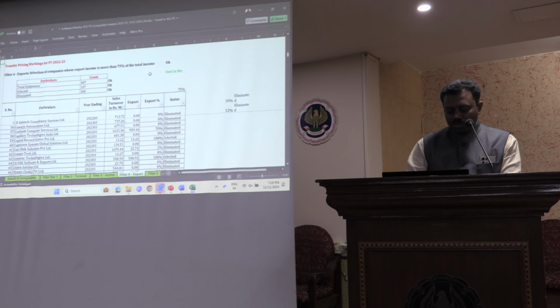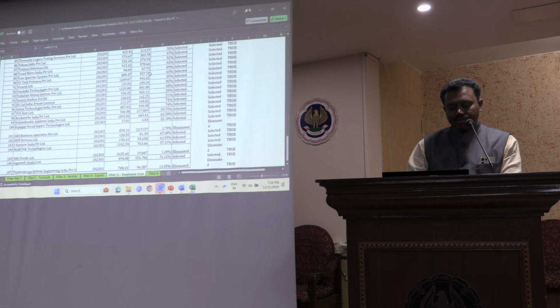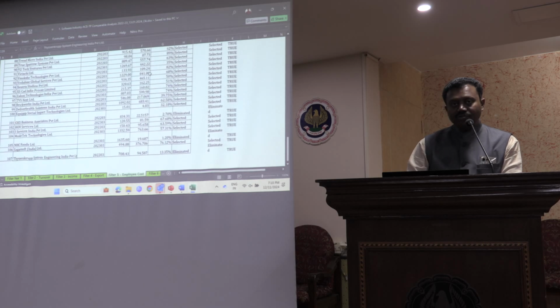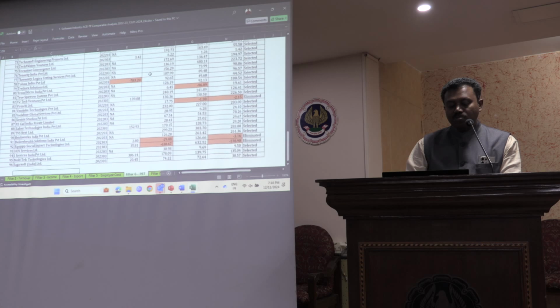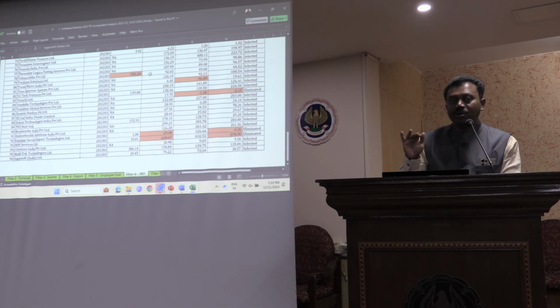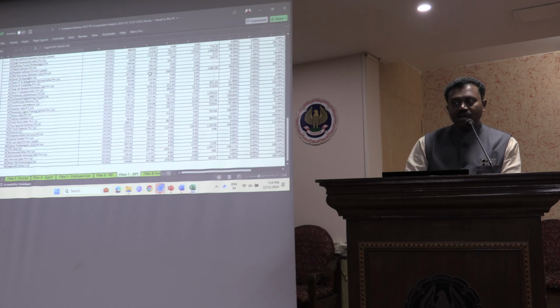Okay. Export. Employee cost, 107. PBT. That is, persistently loss-making companies we have eliminated. Correct? 96. Left with 96. Related party. We are left with 86 because 10 are more than 25%.